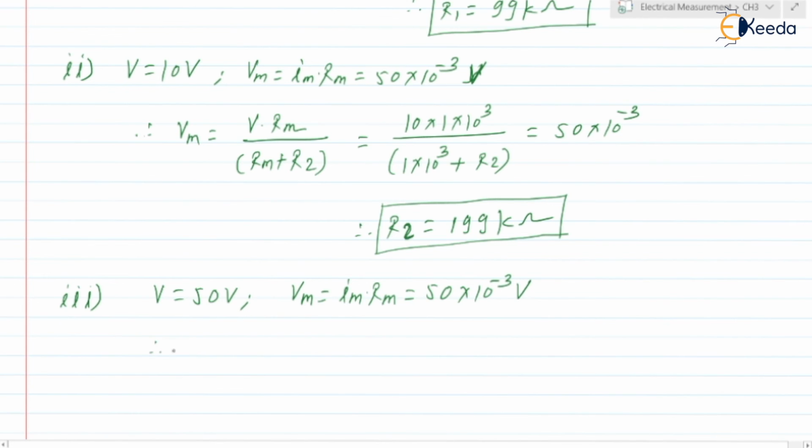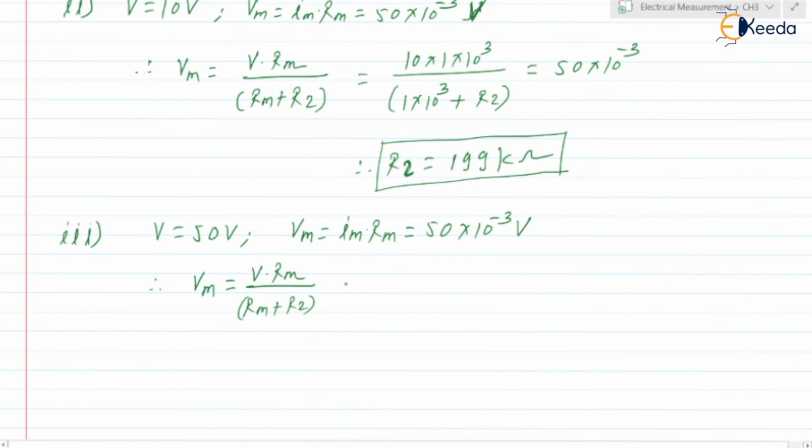Therefore we can write Vm is equal to V into Rm upon Rm plus R3. So 50 into 10 to the power minus 3 is equal to 50 into 1 into 10 to the power 3 divided by 1 into 10 to the power 3 plus R3.